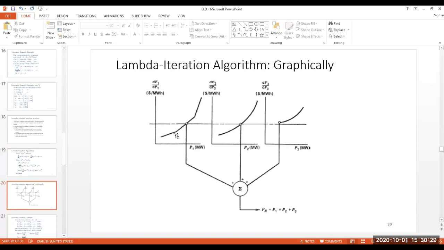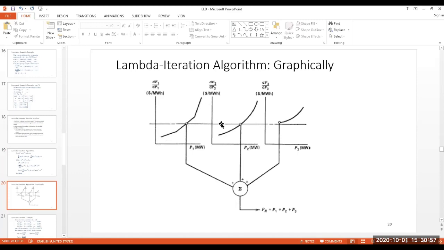So basically what I'm trying to do is slide along. Let's say this is my current position, and these are the incremental cost curves for my 3 generating units. I'm going to slide along these lines simultaneously. You see their shapes are different, their cost functions are different, that's why their incremental cost curves are also different.